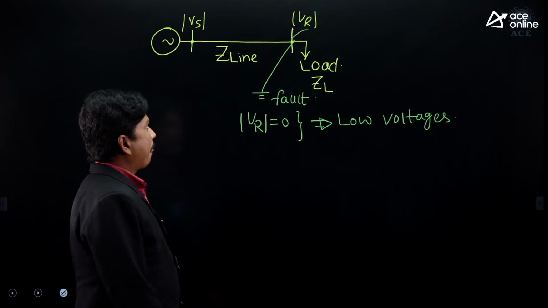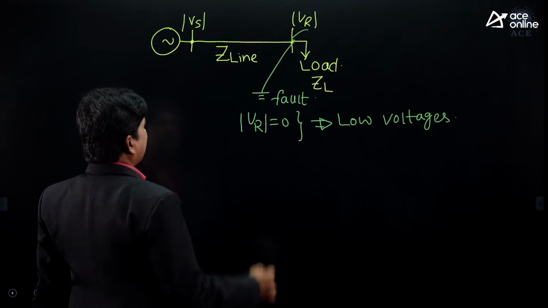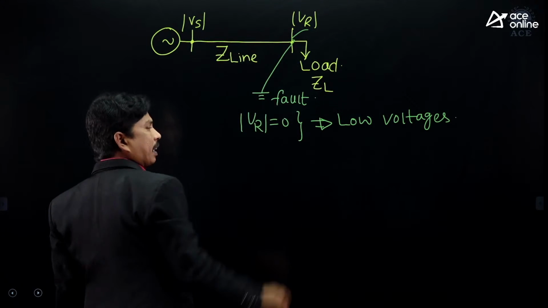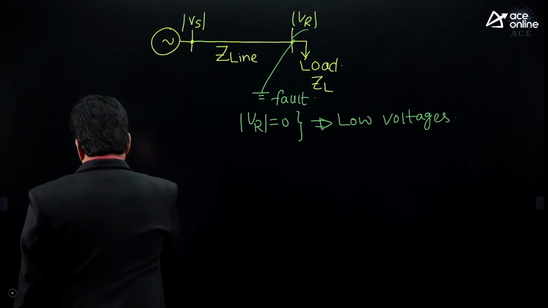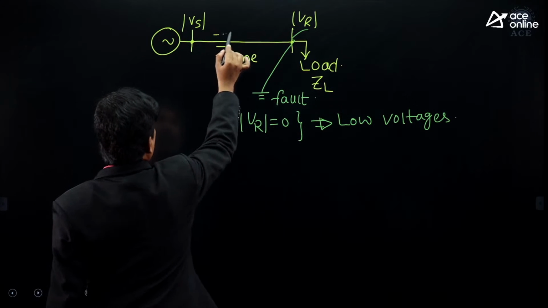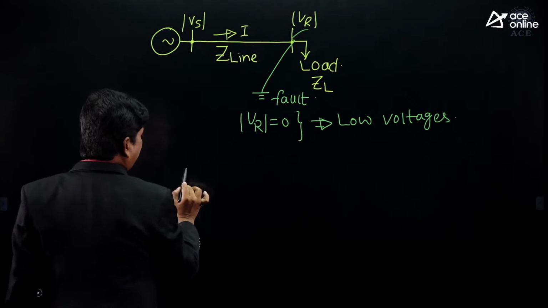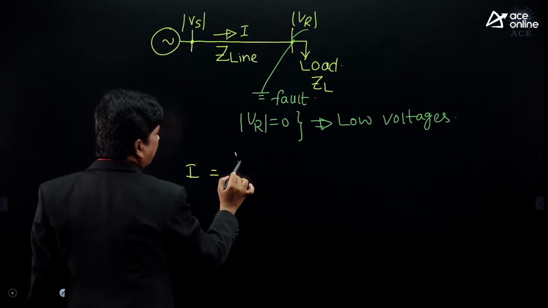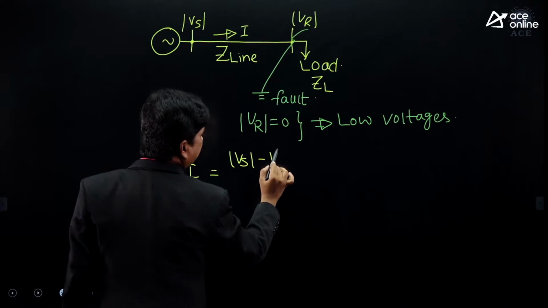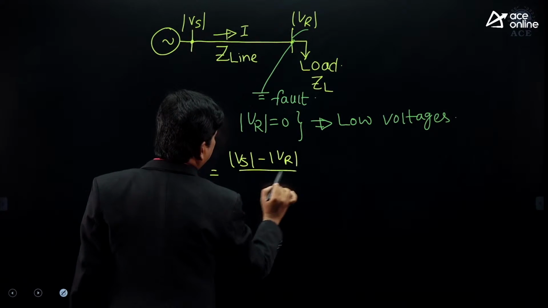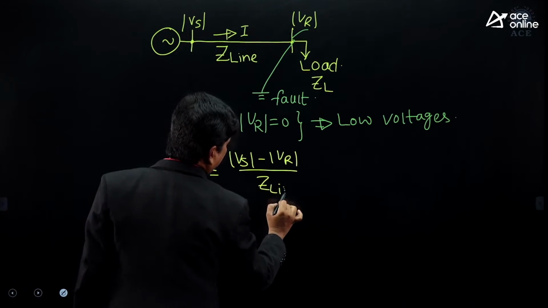Whenever you calculate the current before the fault condition, the current flowing in the line will be I equivalent to Vs minus VR divided by Z line.